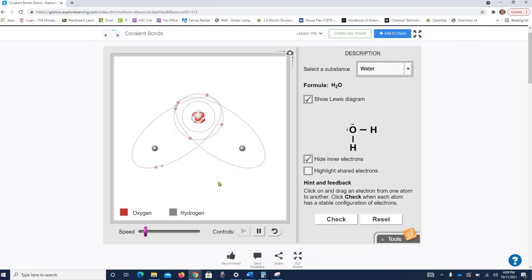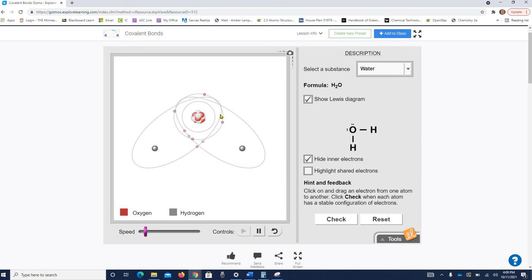Now, if I wanted to count to make sure this was stable, hydrogen should only have 2 valence electrons because it's super small and has only 1 energy level. And we'll notice it has 2 electrons that it shares right here. And this one also has 2 that it shares here. So both of them have 2 valence electrons, part of that shared bond, and that meets that rule of stability.